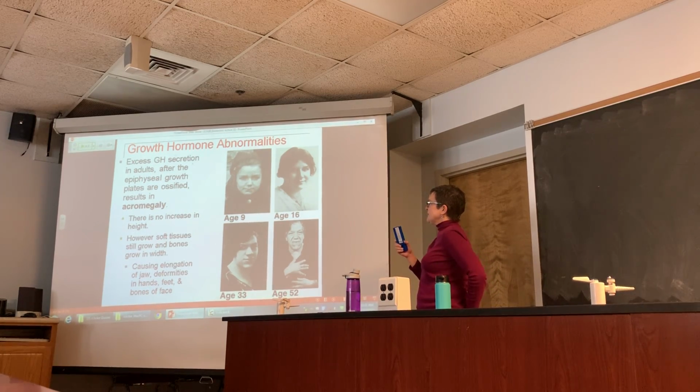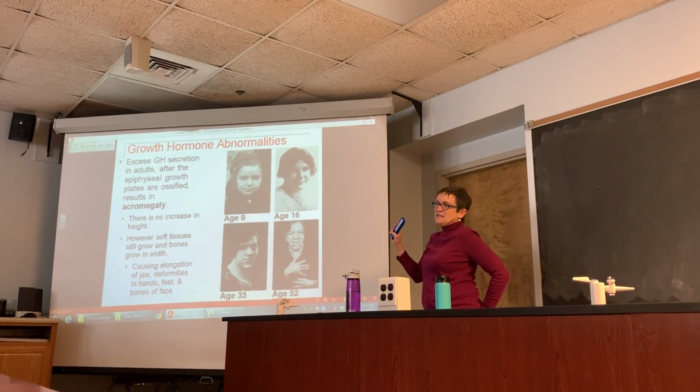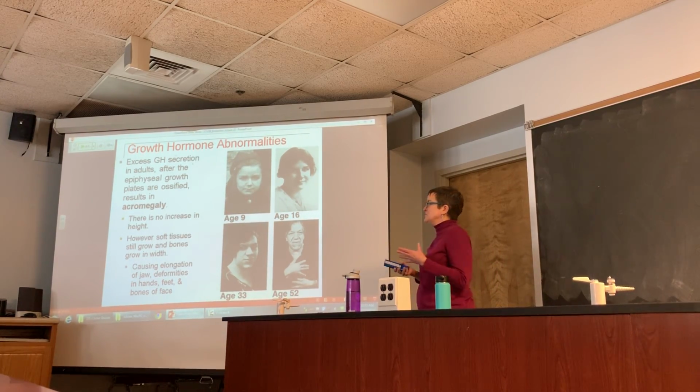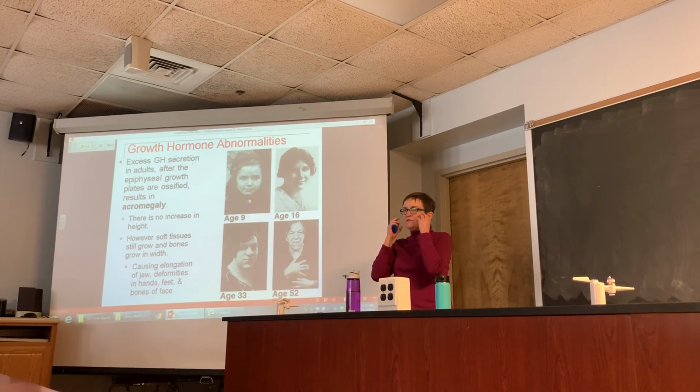But anyway, I'm not an expert in human growth hormone disorders. But this is called acromegaly. Because the growth plates have closed or ossified, you don't get long bone growth. Instead, the other tissues continue to grow, muscle and cartilage and connective tissues grow, and also the bones grow, but they grow outward instead of long bone growth.